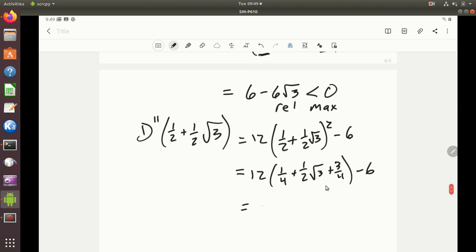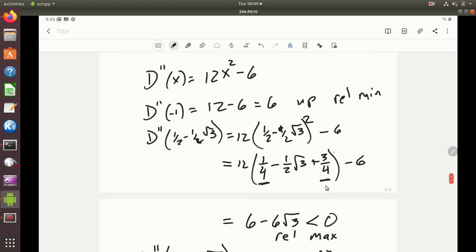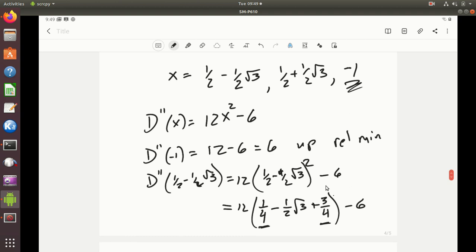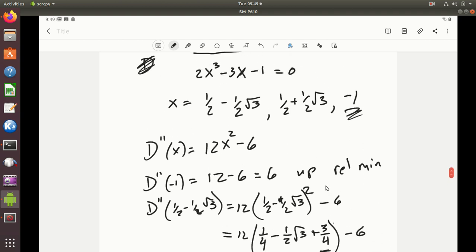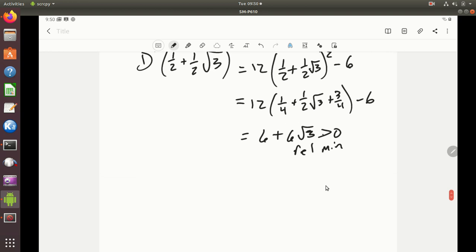So that ends up being 6 plus 6 times the square root of 3, and that's greater than 0, another relative min. So now you see, if we didn't have our picture where we already know the answer, I would need to check our function value at both -1 and at 1/2 plus square root of 3 over 2.